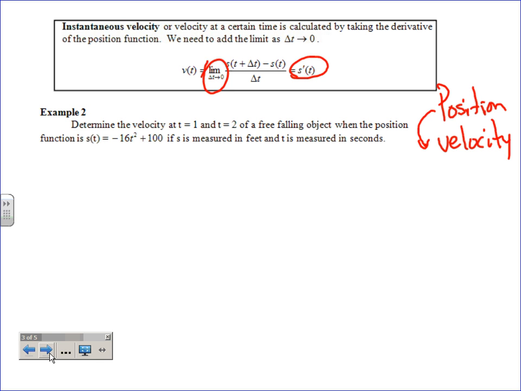So S prime of t, which is otherwise known as velocity, is what? What's the function?